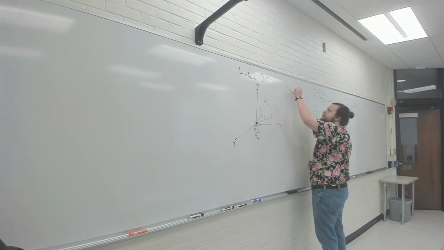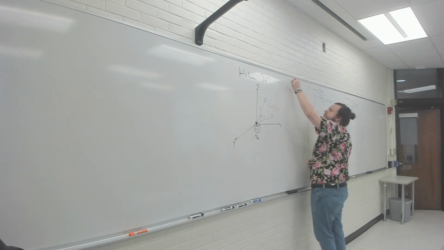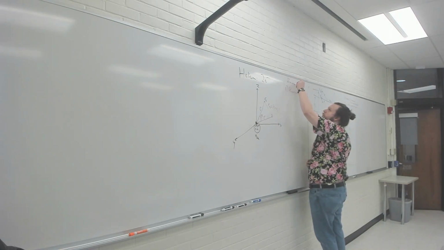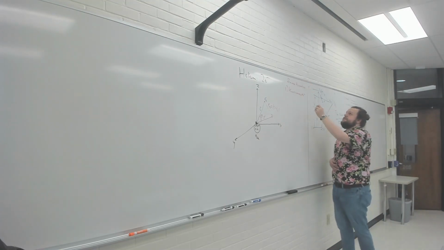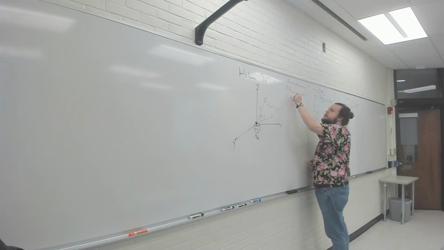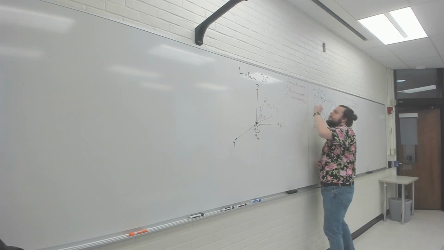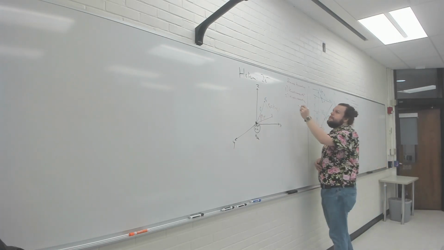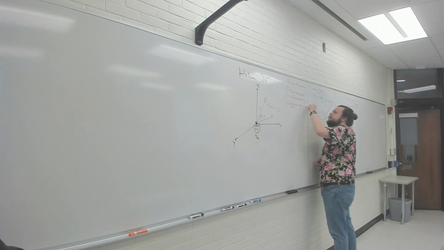First, we need the kinetic energy of electron 1. This is like an energy accounting. We're going to account for all the terms in the energy, which is what we always do. So we need the kinetic energy of electron 1, the kinetic energy of electron 2, and the attractive potential energy of the nucleus and electron 1.